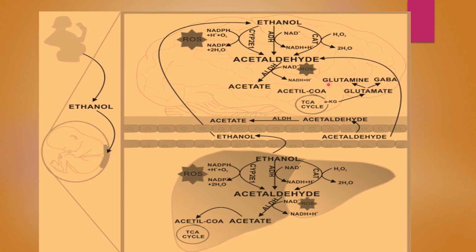Moreover, glutamine is also not available in abundance, because glutamate is converted to glutamine from ammonia, which is one of the important metabolic changes that happens once glutamate is in abundance.